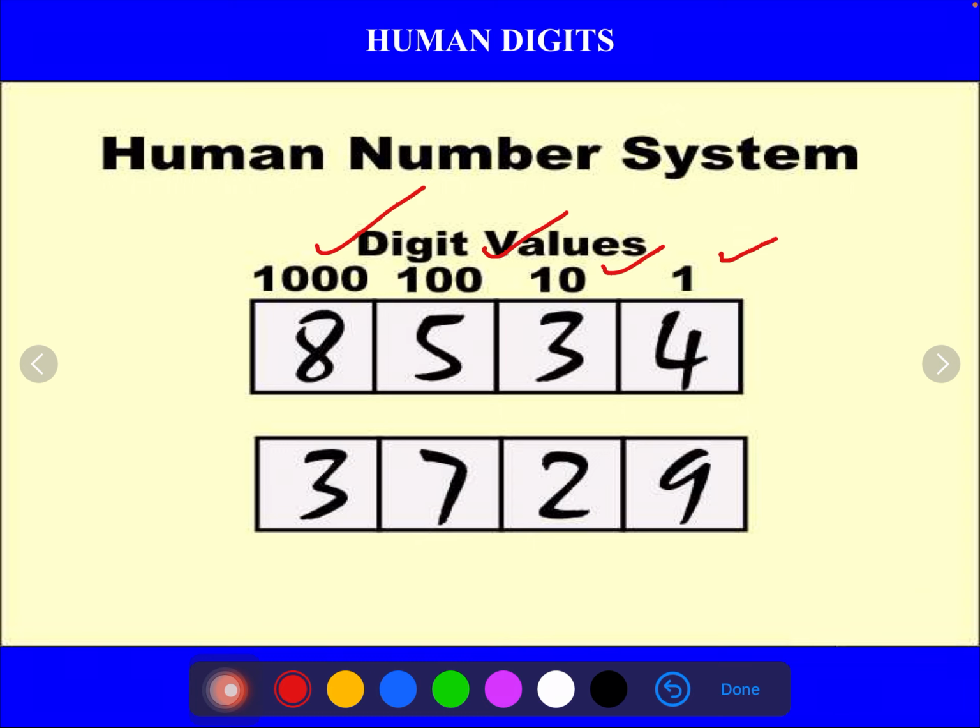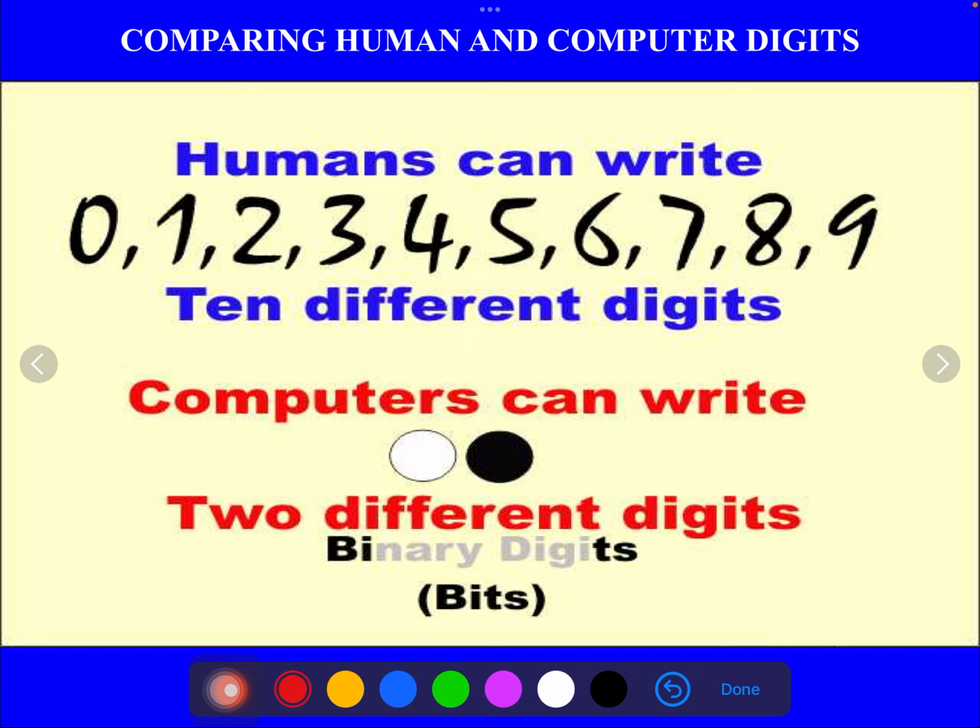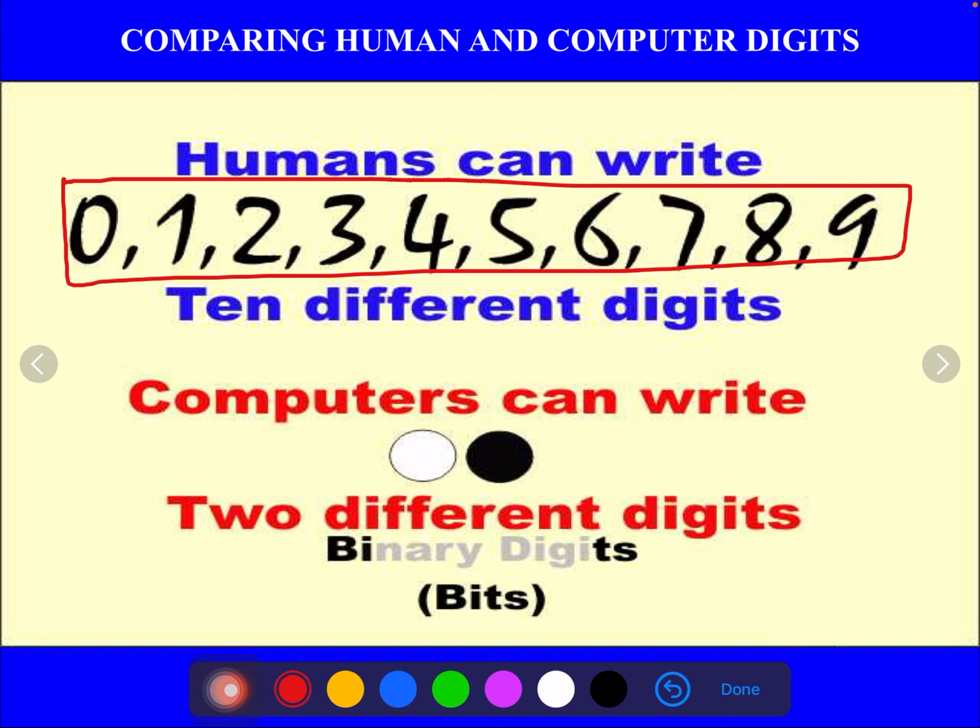Let's compare human and computer digits. Humans write values between 0 to 9, so we have 10 different digits.